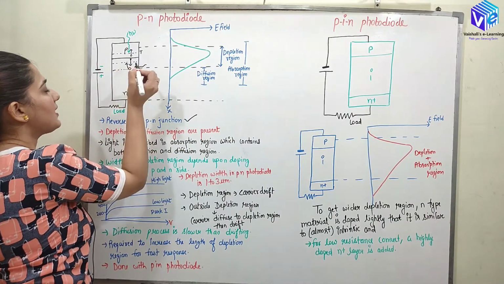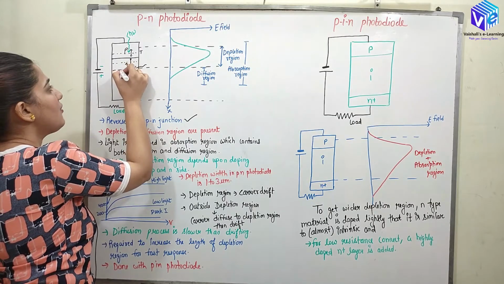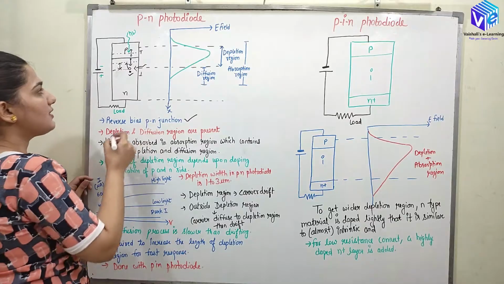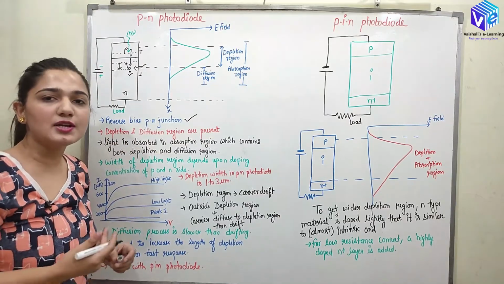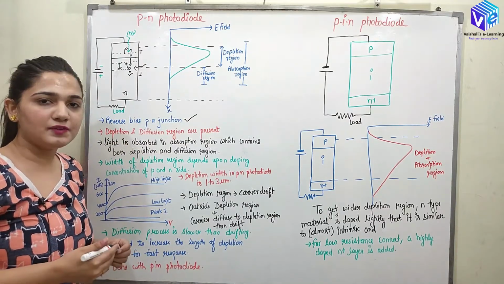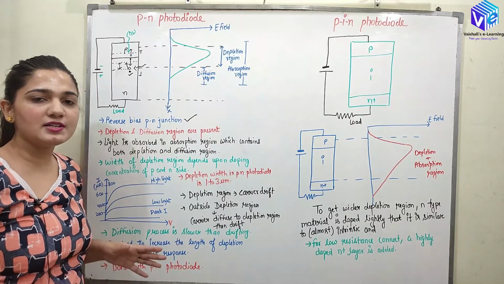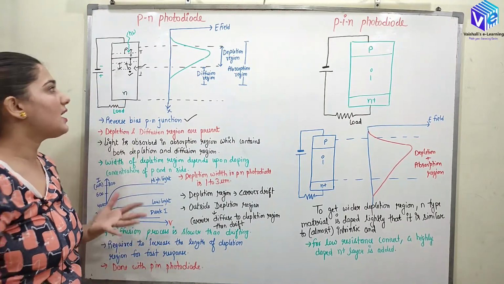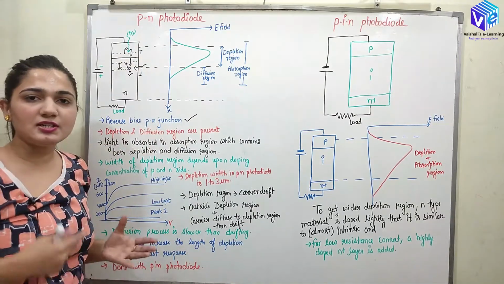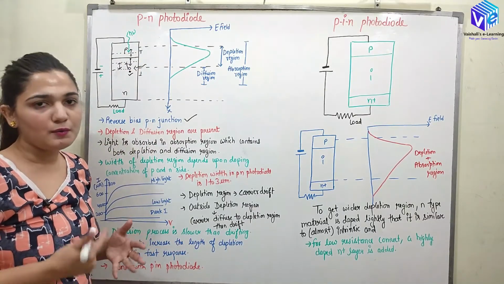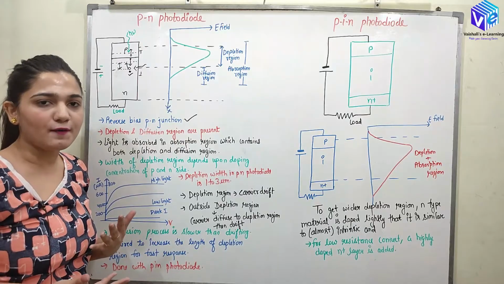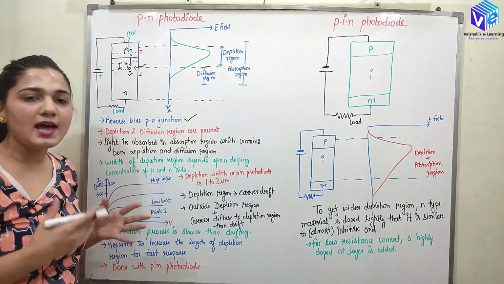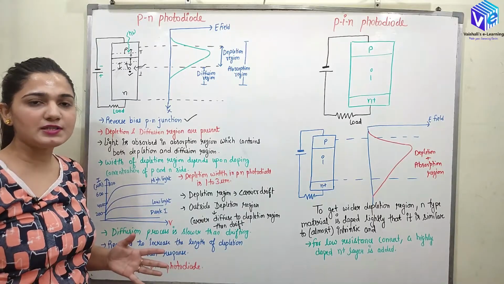So let's suppose here I had the absorption region. From the absorption region till the depletion region, we had the diffusion region, where if the electron hole pair is generated, the hole is going to move with the help of the diffusion process, right? In the depletion region, the holes are going to move with the help of the drift velocity. So drift velocity is comparatively larger as compared to the diffusion velocity.